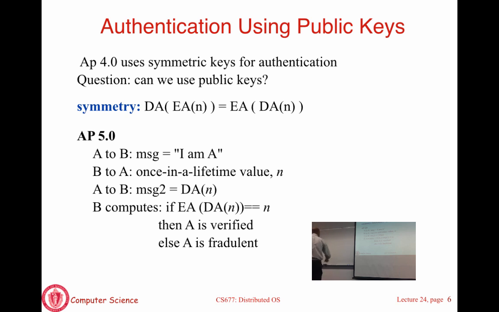Okay. So in this case, public key cryptography says if you're a user A, you can generate a pair of keys. One is called your public key, another is called your private key, which are used for encryption and decryption.